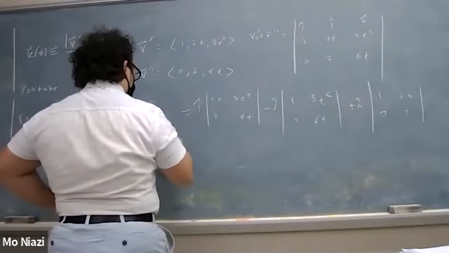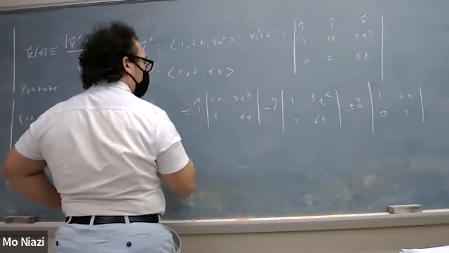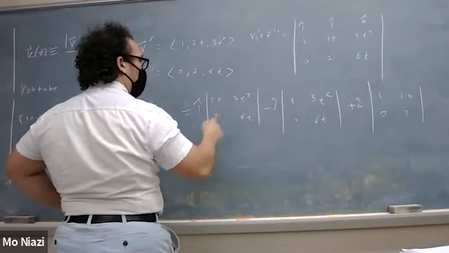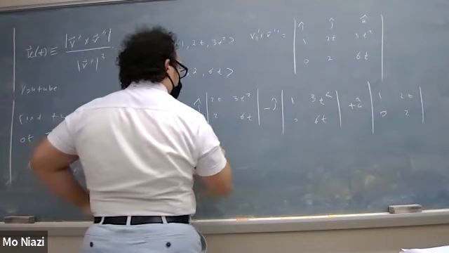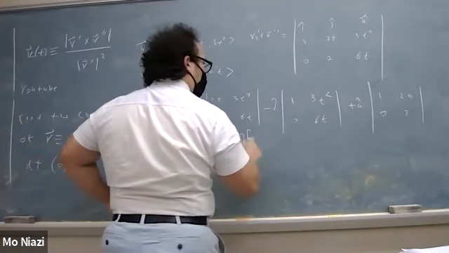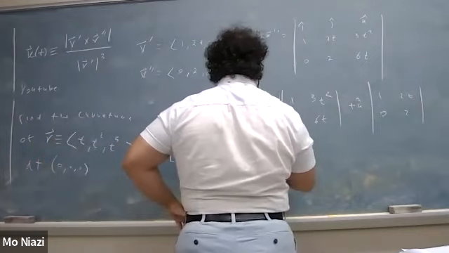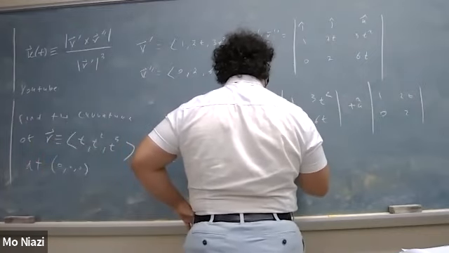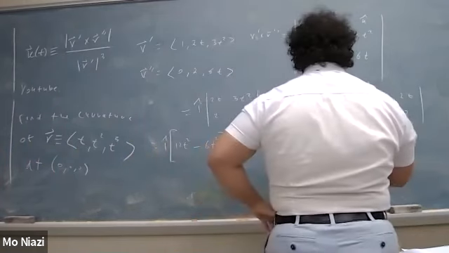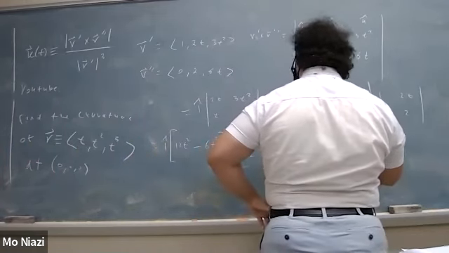This breaks apart to i hat times 2t times 6t, which is 12t squared, minus 2 times 3t squared, which is 6t squared, minus j hat times the quantity 1 times 6t, which is 6t, minus 0, plus k hat times the quantity 1 times 2, which is 2, minus 0.